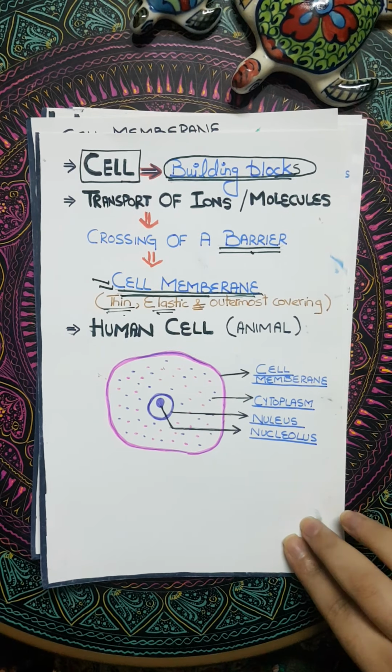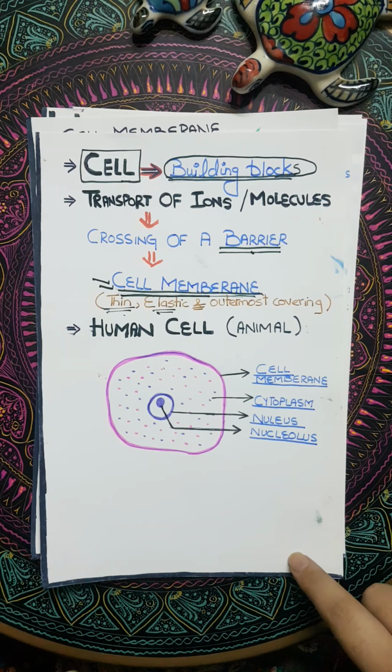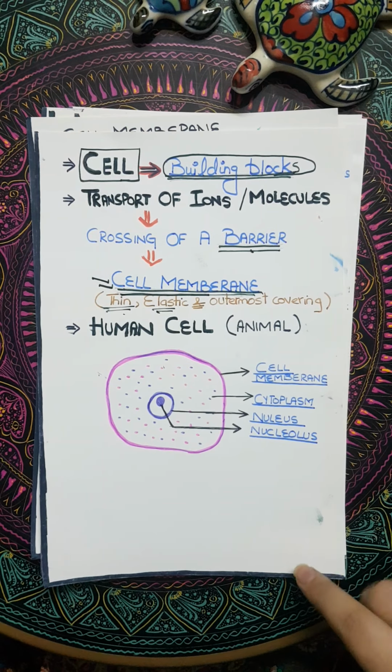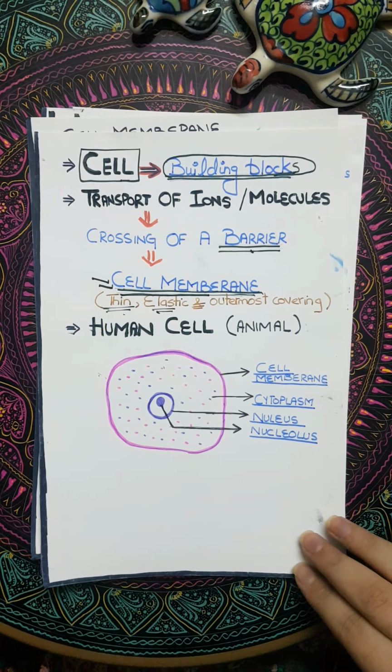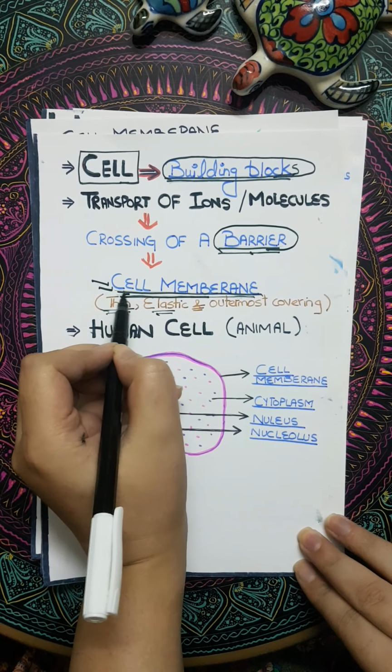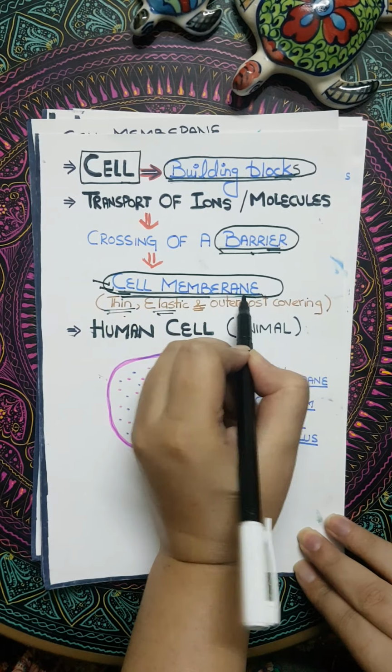The different physiological processes that are going on in our body involve the in and out movement of molecules and different ions into the cell or out of the cell, and they require crossing of a barrier. That barrier is called cell membrane.